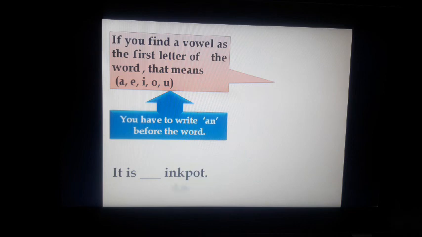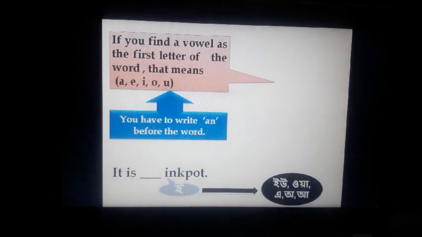It is an ink pot. Why? Because I is pronounced as a vowel sound, not yu, wa, or a consonant sound. That's why we will use an.